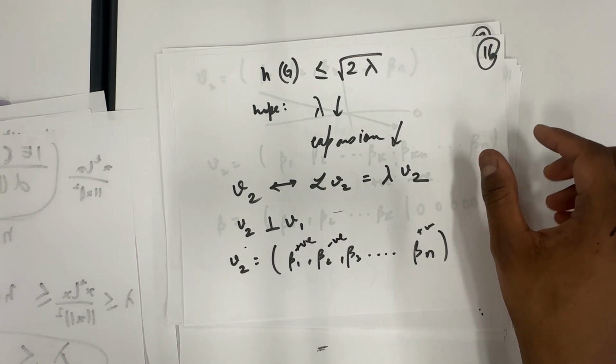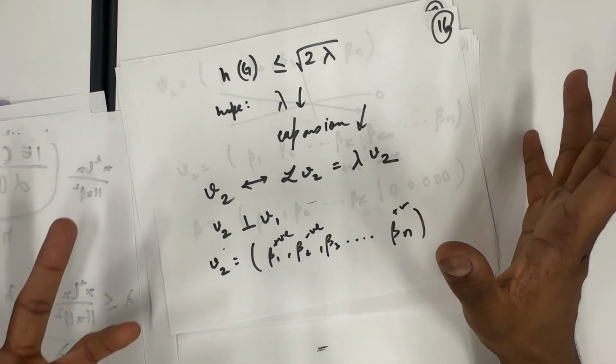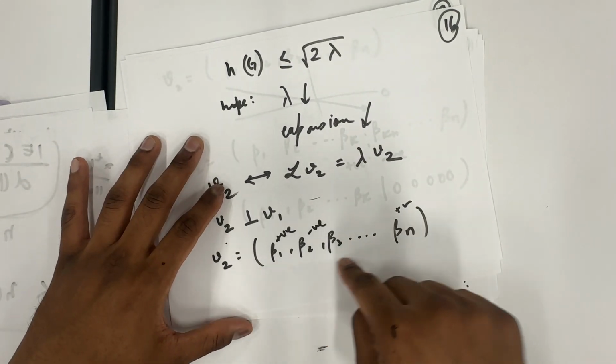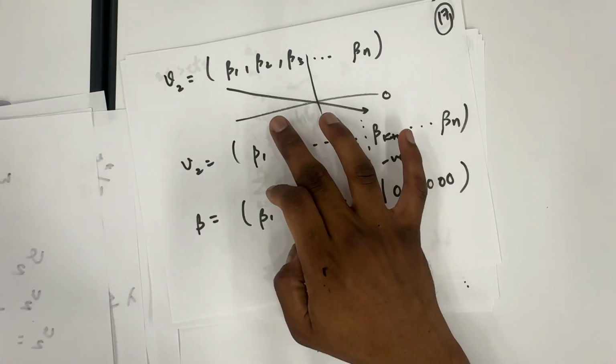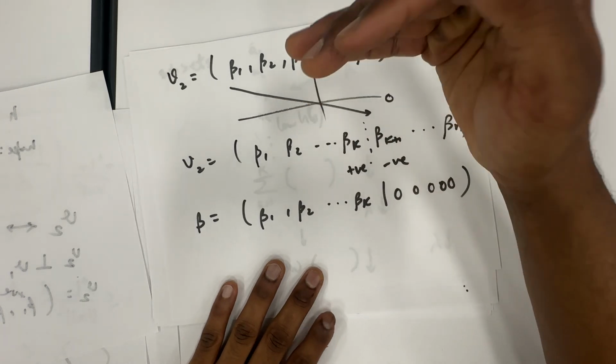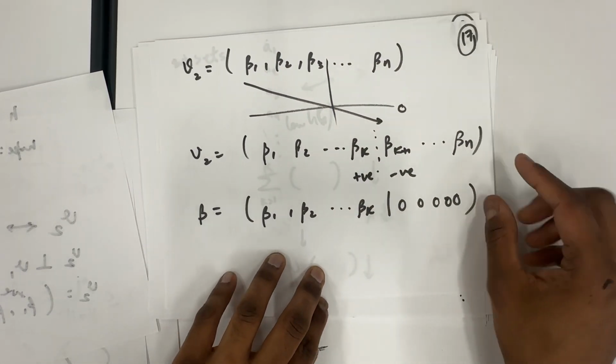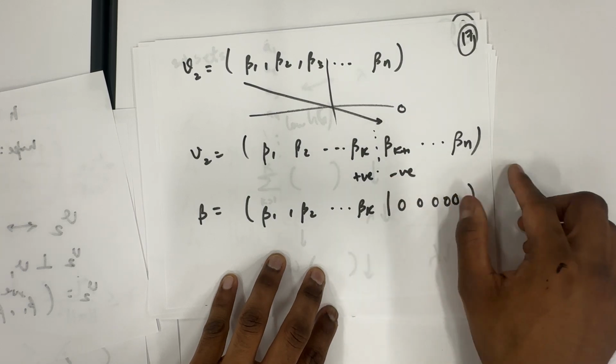H of g less than 2 lambda. What we did was assume that there was this vector which gives this lambda eigenvalue, arranged all of these vertices in a descending manner like this, and floored it at 0 such that beta can only be above 0, all zeroed out when they are negative.